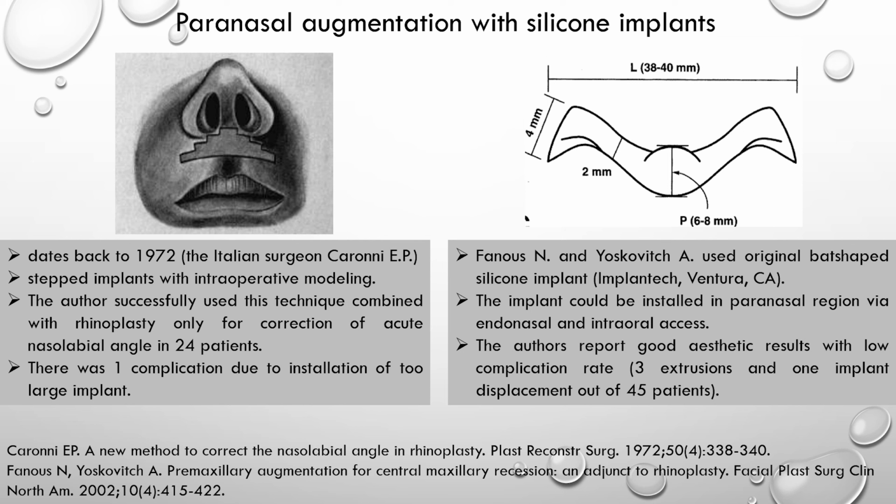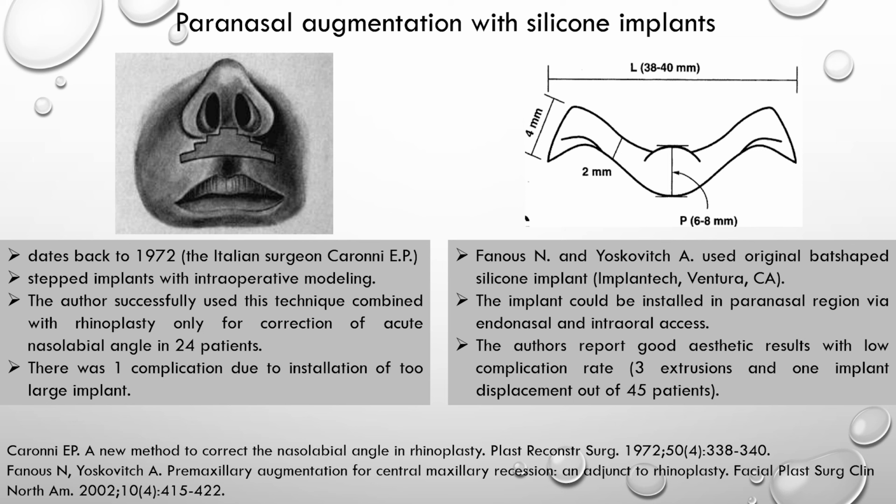Paranasal augmentation with silicone implants dates back to 1972. The Italian surgeon Caroni used stepped implants with intraoperative modeling. The authors successfully used this technique combined with rhinoplasty only for correction of acute nasolabial angle in 24 patients. There was one complication due to installation of a too large implant.